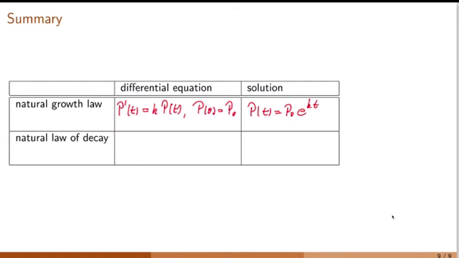For natural decay, we had a very similar equation, but we used a little bit different notation. So we had m prime of t as minus alpha m of t, and the initial condition m at time 0 is m0, and the solution is m of t is m0 e to the minus alpha t.